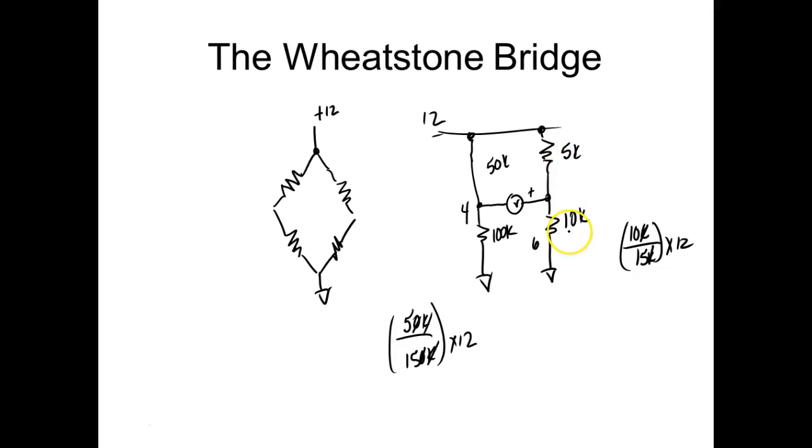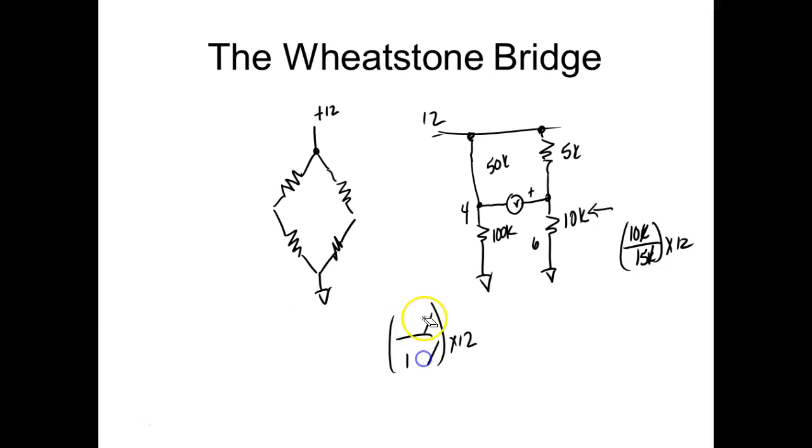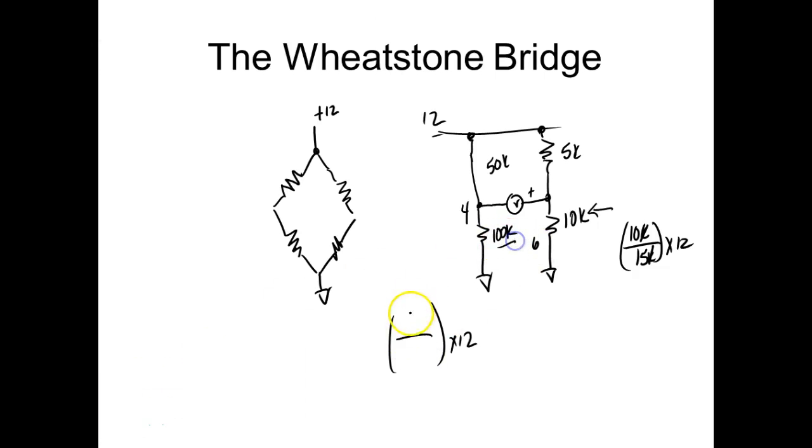So 5K, this is double, 50K, this is doubled, right? So 10K divided by 15, no, I'm sorry. 10K divided by 15, because we're trying to find the drop across this one. I see what I did wrong, sorry. Because they had to be equal. So I just messed them up on this side. So I'm trying to find the voltage drop across this one.